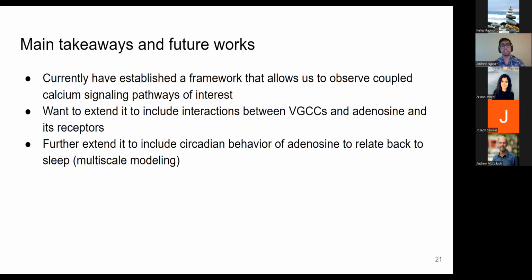Essentially this will be a multi-scale modeling effort, which is definitely new territory for me. It's a bit challenging, but sorry for going through that so quickly. That's the end of my talk, and I'd be happy to take any questions.